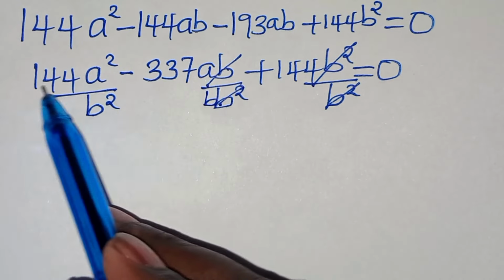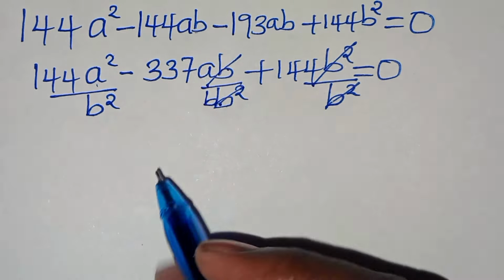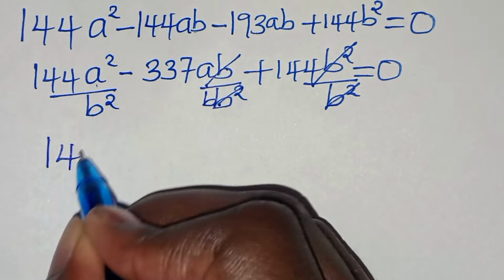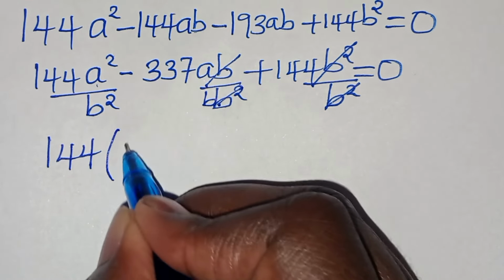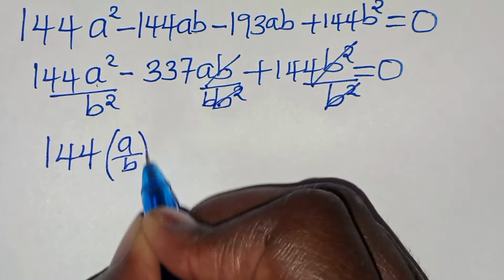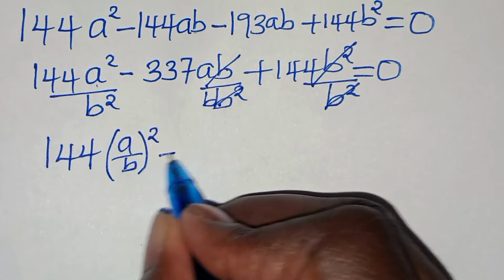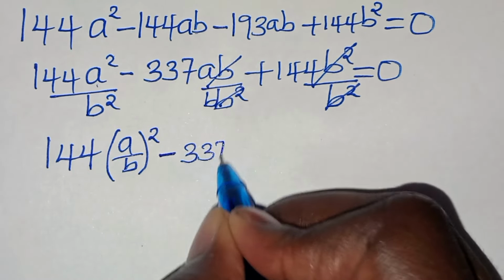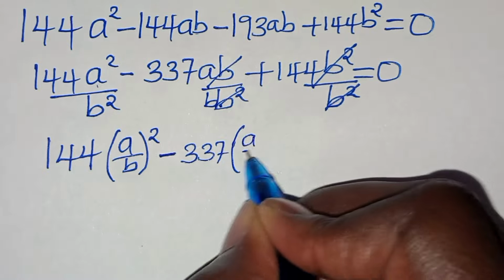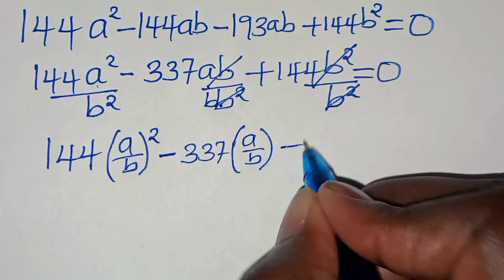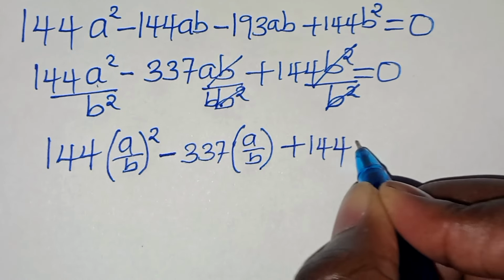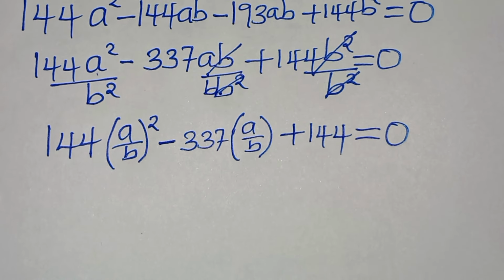And we have here 144 a squared over b squared, which we can express as 144 a over b raised to the power of 2. Then subtract 337, we have a over b, then plus 144. This is equal to 0.